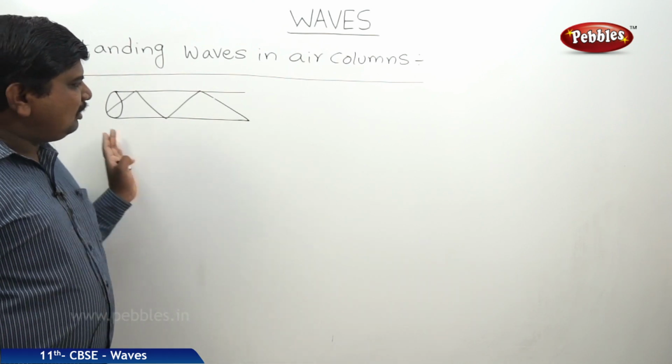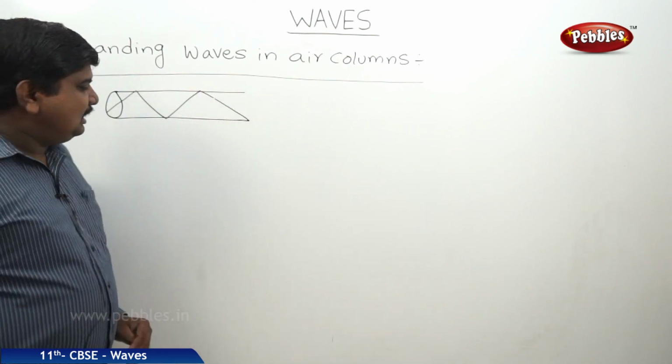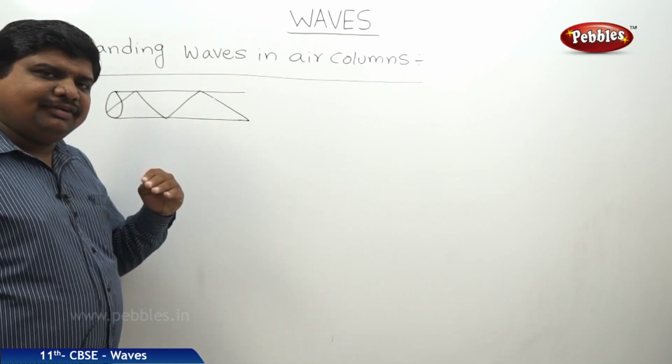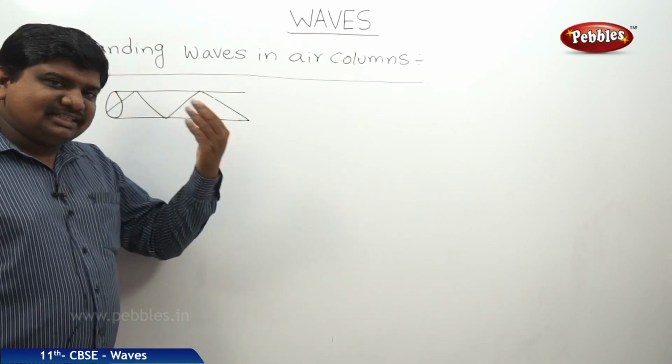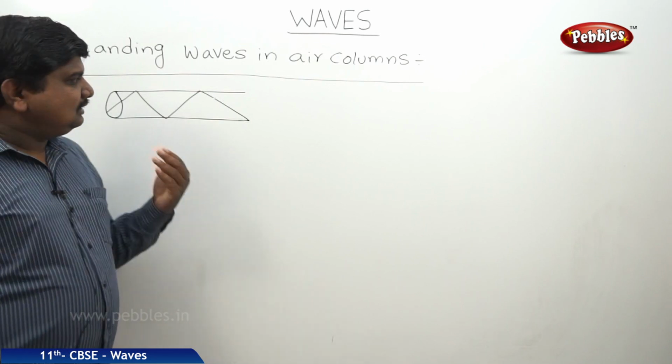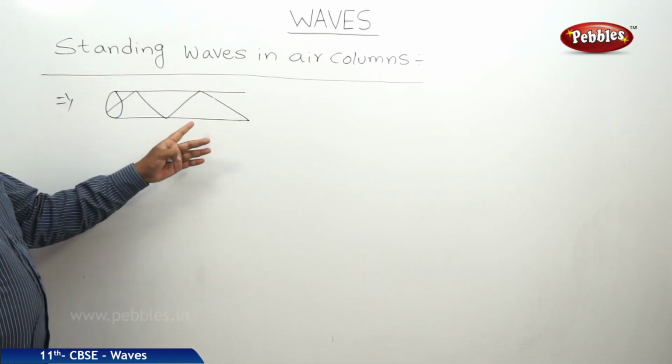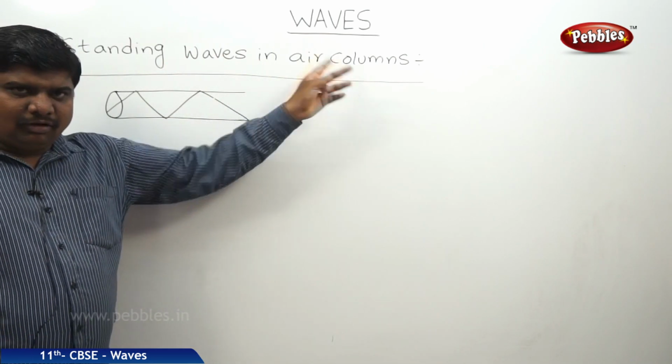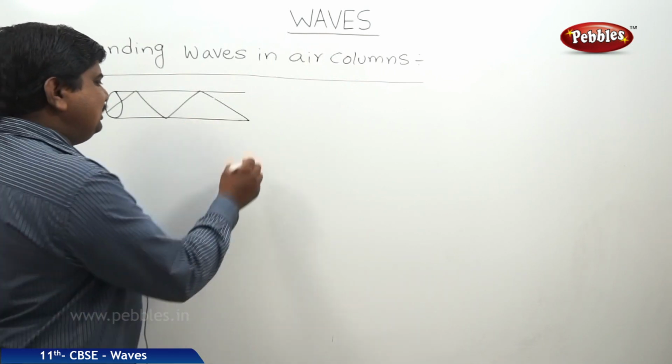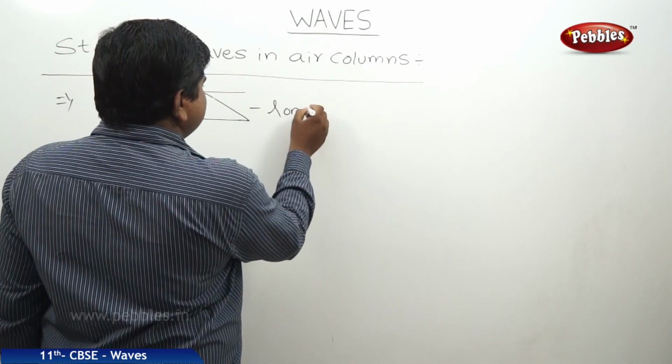So here all the frequencies are reflected back, and the incident wave and reflected wave will meet together and create the resonance pattern. That means this is nothing but the standing wave in air columns. When it is through the solid materials, it is said to be longitudinal standing waves.